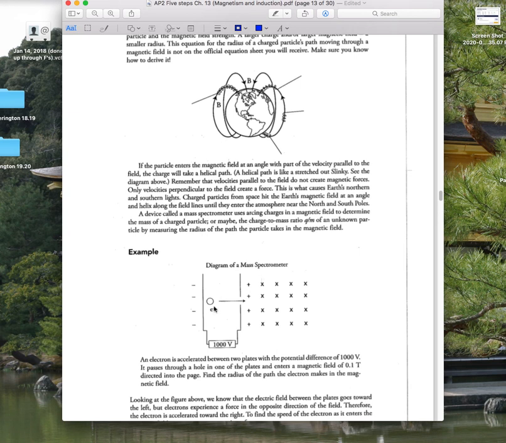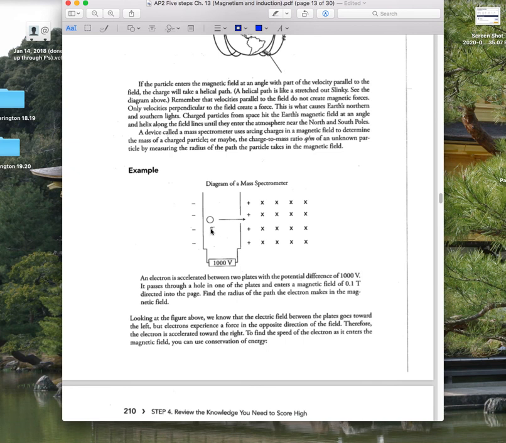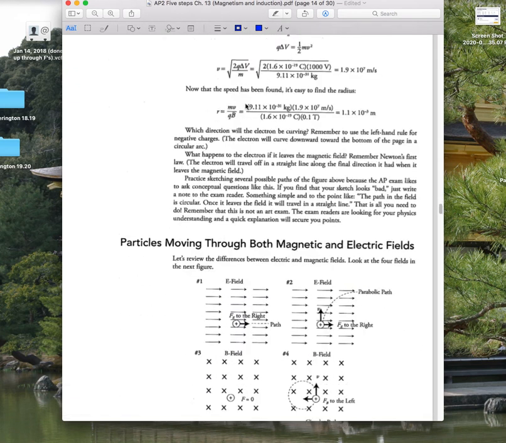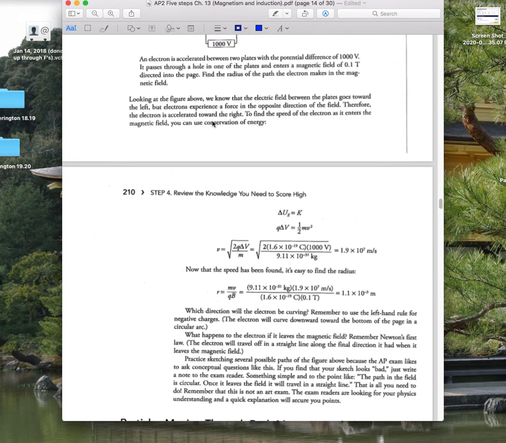Okay, so we have something like this going through here. We have an electron, mass spectrum. I don't want to worry about that. I don't think that's that important. I definitely don't think you're going to have to do those calculations, but this really does combine the mv squared over r and the fact that qvB.